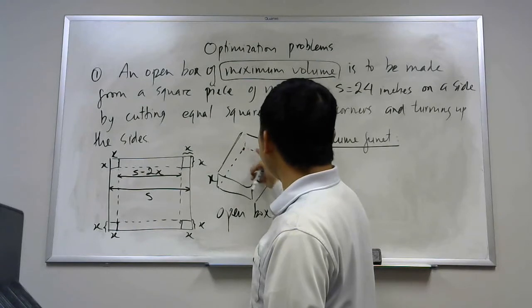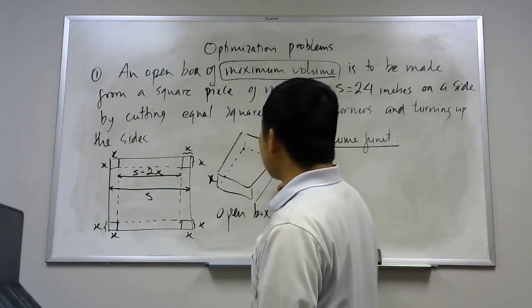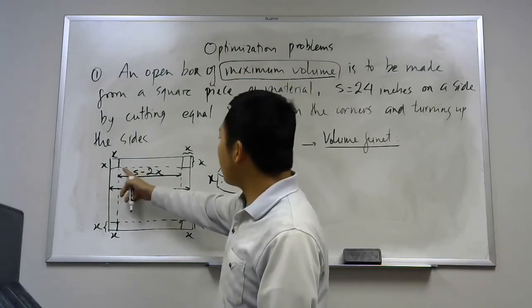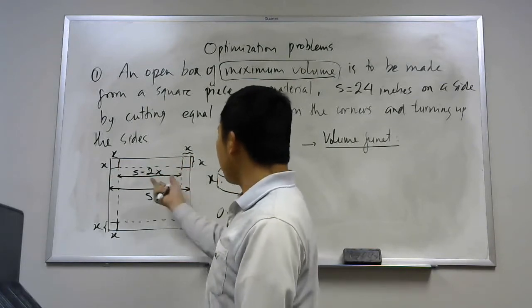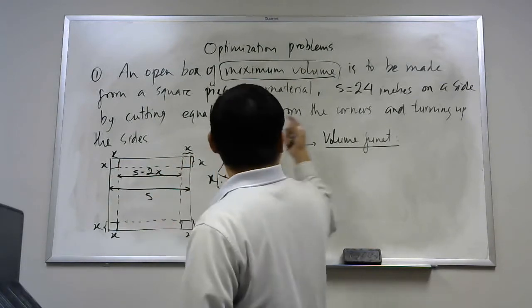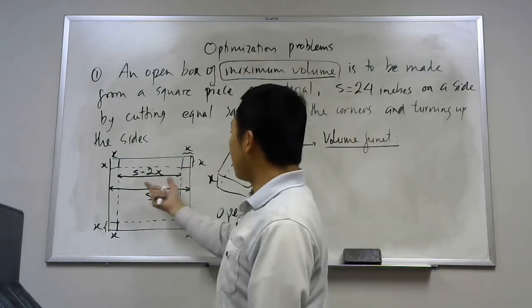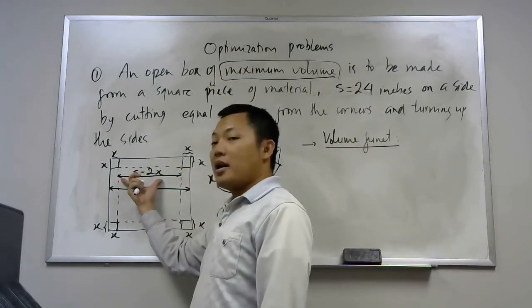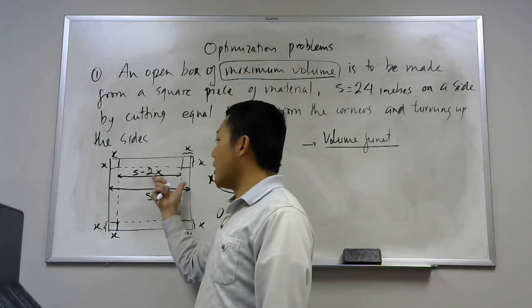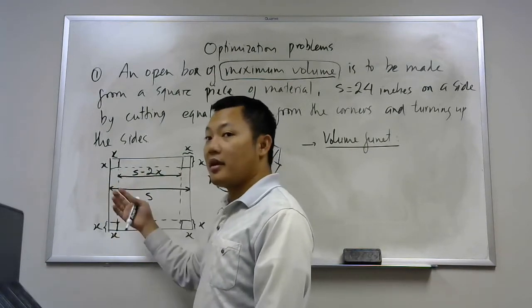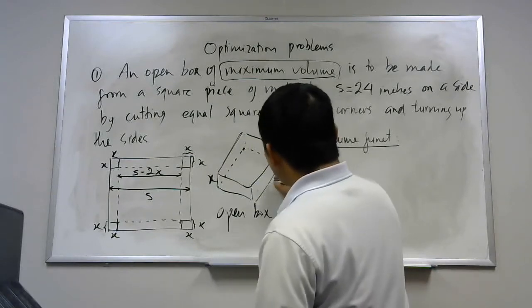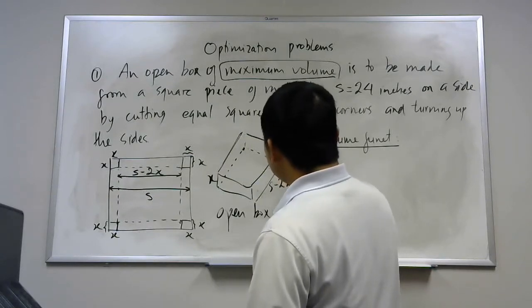What is this? This is s. Since we cut x in here, we cut x in here, in total we have s equal to 24 inches. So that means the side of the base is just s minus 2x. The whole s subtract by this guy and this guy. So I can write from here s minus 2x.